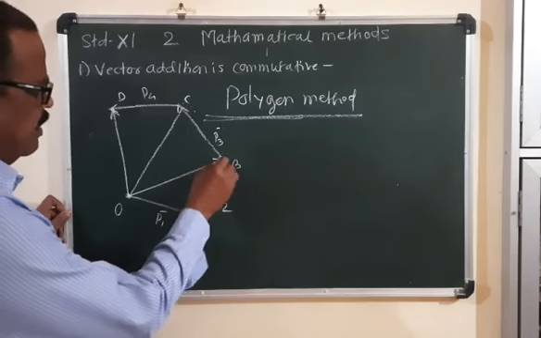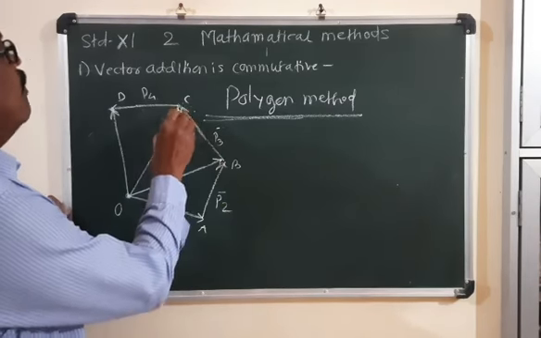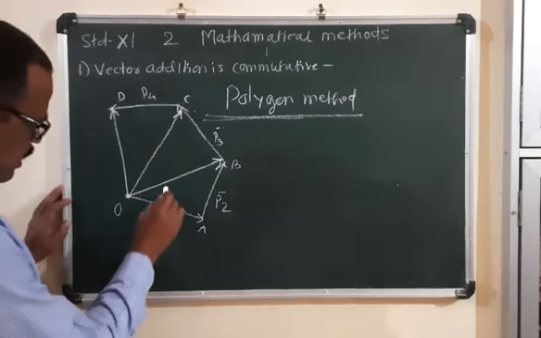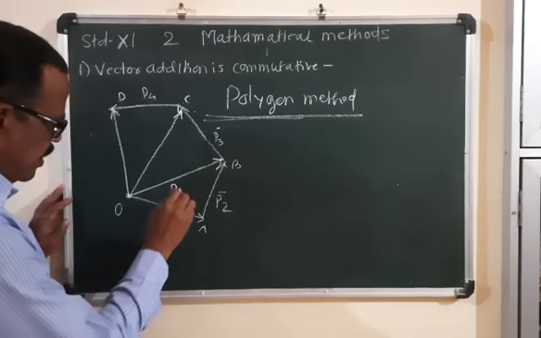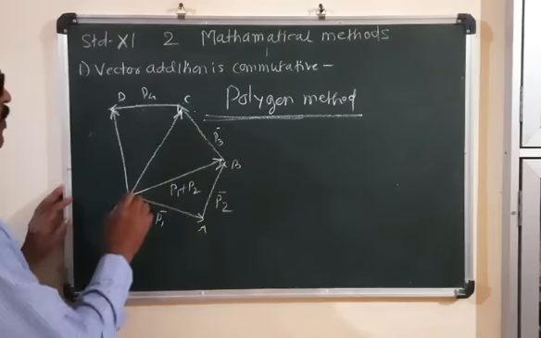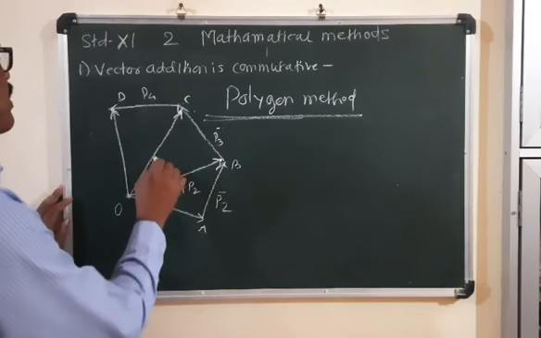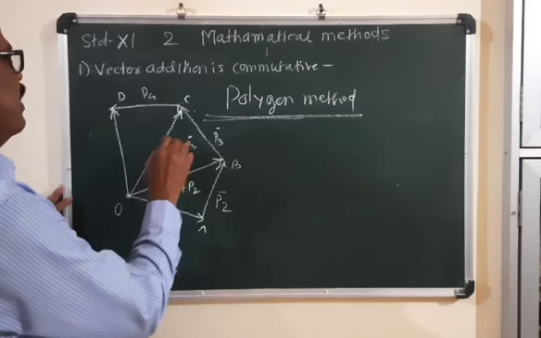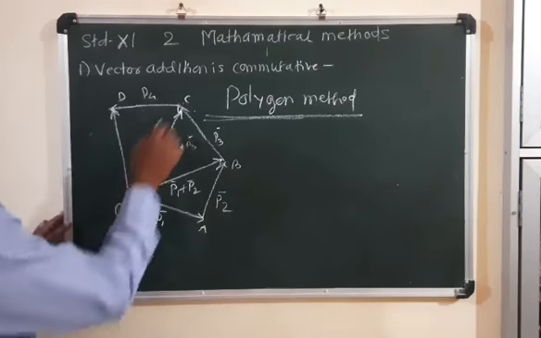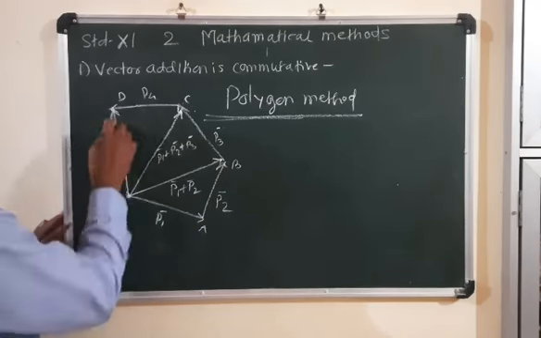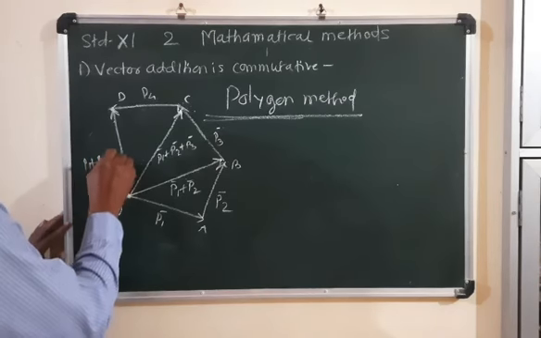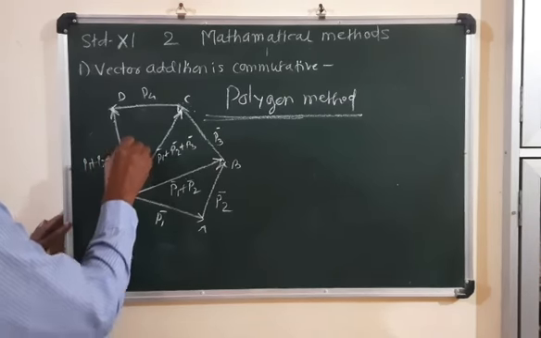By using the triangle law of vector addition, OB bar is equal to P1 plus P2, OC bar is equal to P1 plus P2 plus P3 bar, and in triangle OCD, OD is equal to P1 bar plus P2 bar plus P3 bar plus P4 bar.